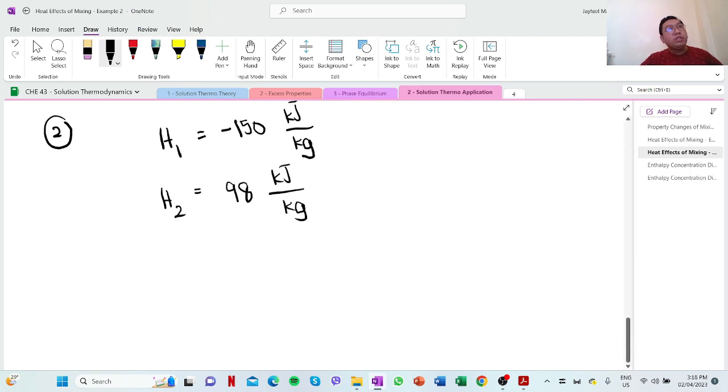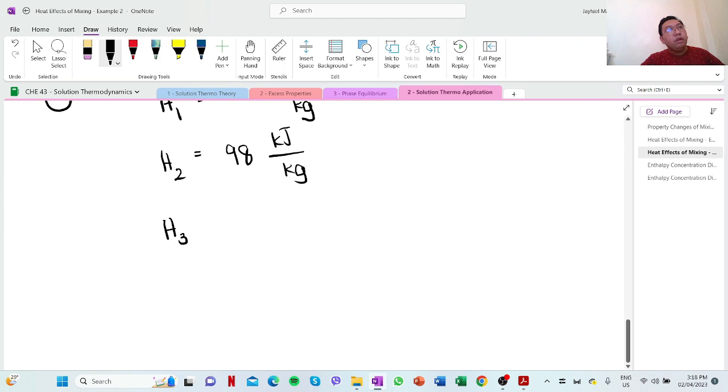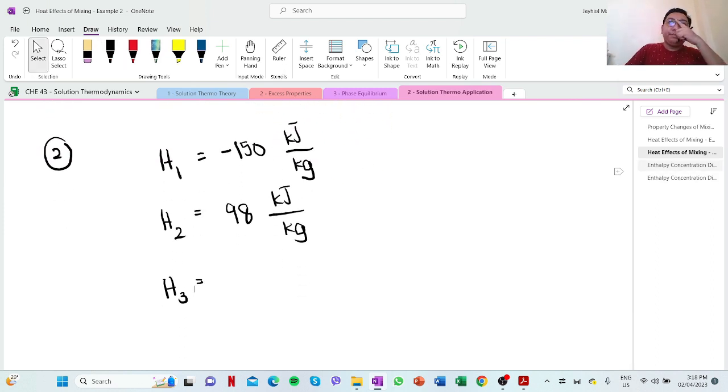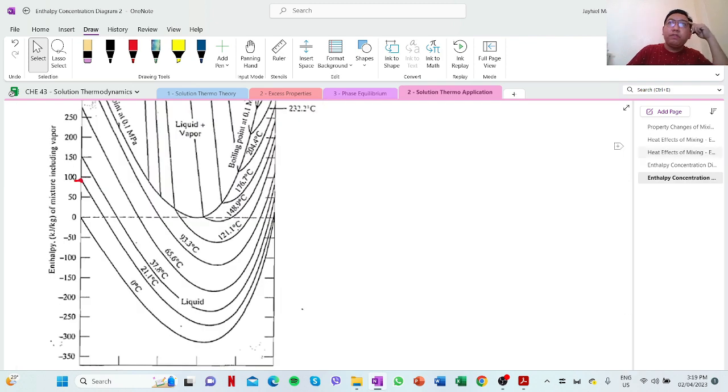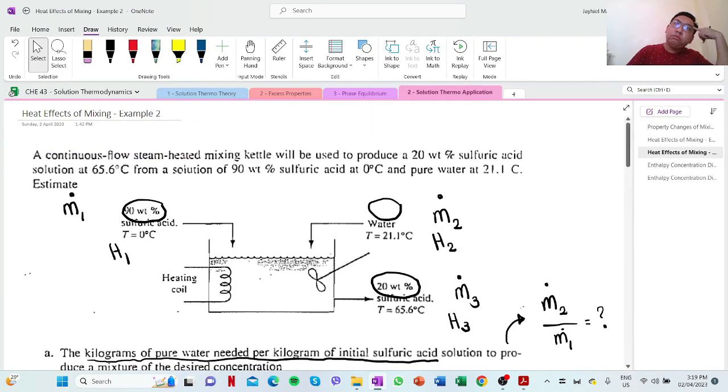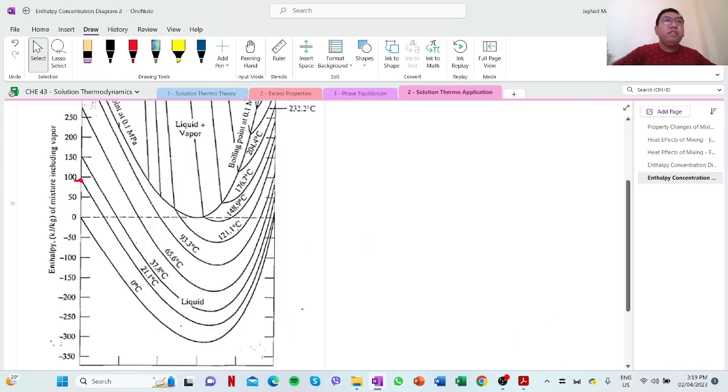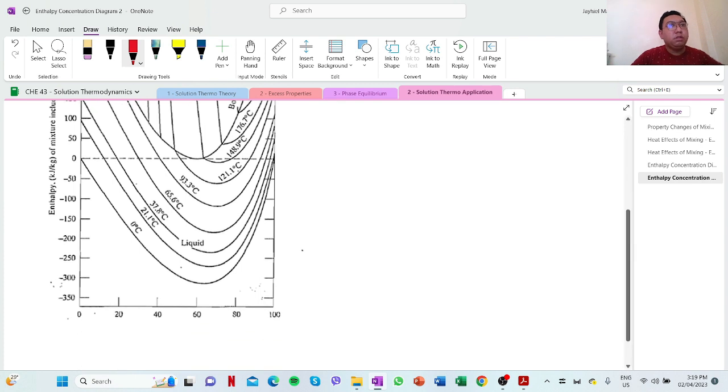And for H3, oh, I forgot the given. 20 weight percent at 65.6. So 65.6, the isotherm is this one. And I will need to know the 20 weight percent. So this is 20 weight percent.